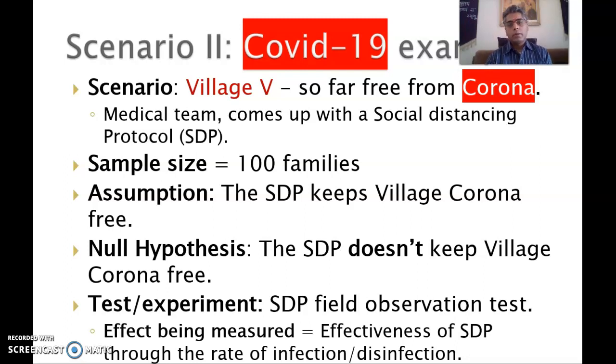Now, we made an opposite of this assumption, which we call our null hypothesis, which is that the SDP doesn't keep the village corona free. And we set up a test and experiment, according to which the SDP field observation test measured the effectiveness of SDP through the rate of infection or disinfection in the village.